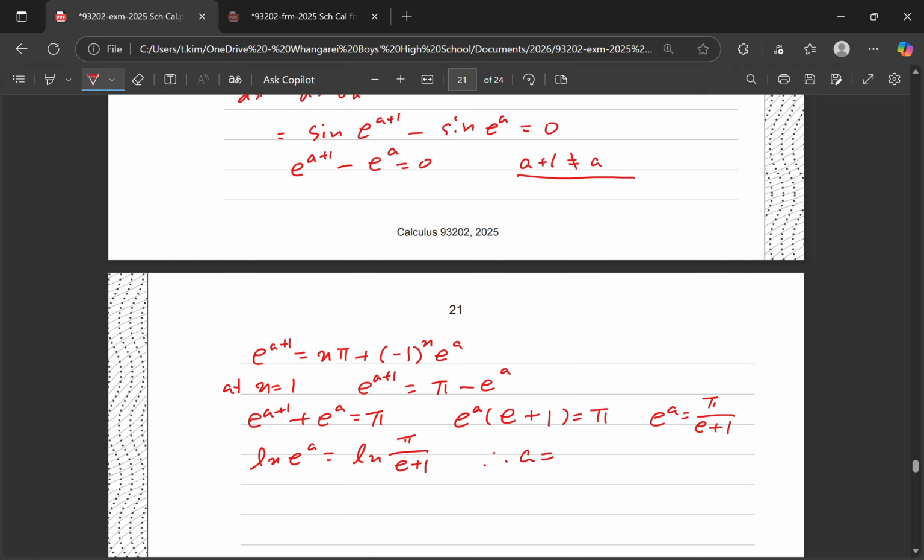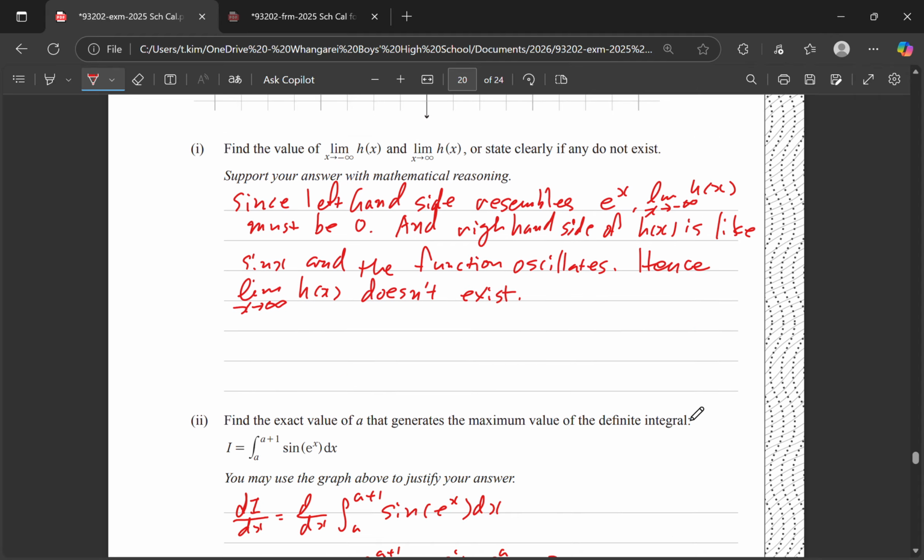Therefore a is ln of pi over (e plus 1). If I plug that into your calculator, it is approximately minus 0.1685, for your information. Hence a plus 1 is 0.8315. Have a look at the graph.